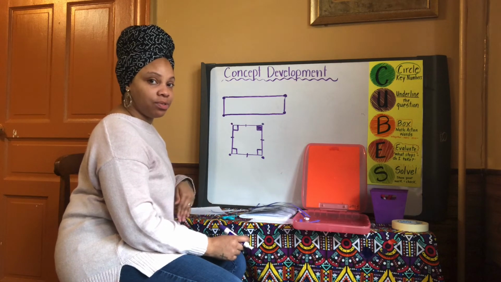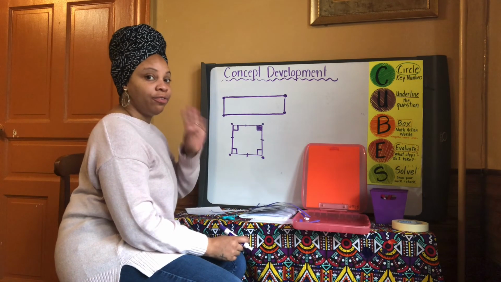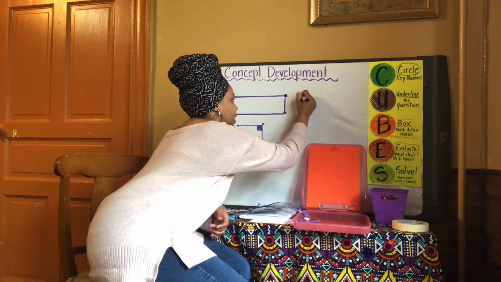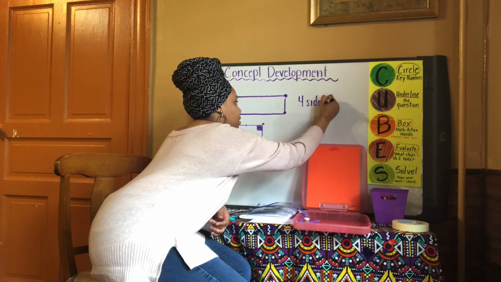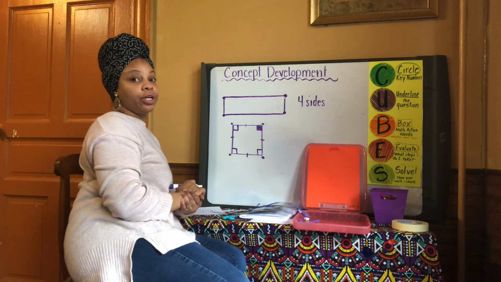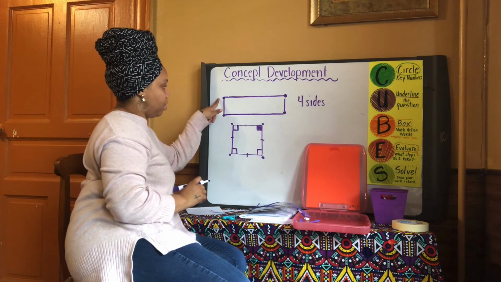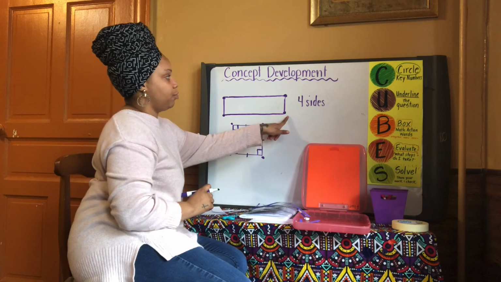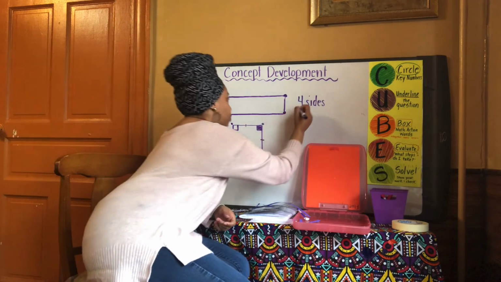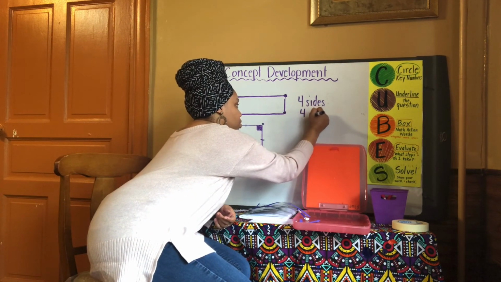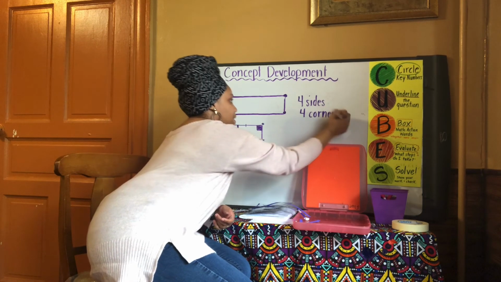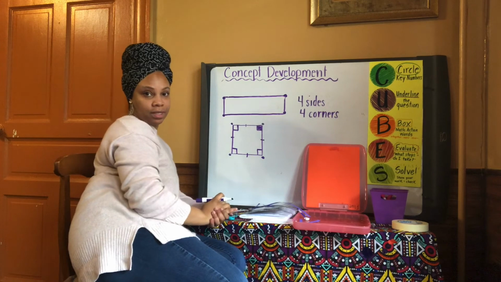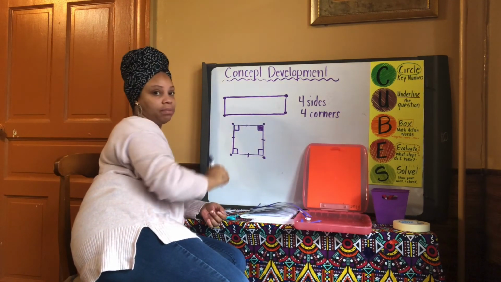How many sides do they have? 4, very good. 4 sides. How many corners do they have? 1, 2, 3, 4. They have 4 corners. These are the attributes that make these 2 shapes similar.